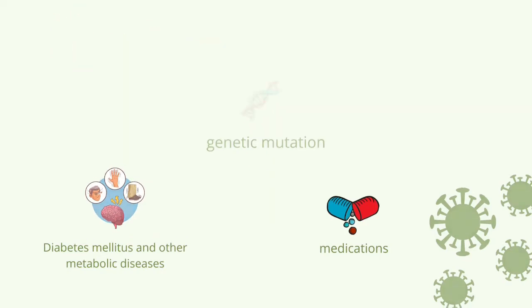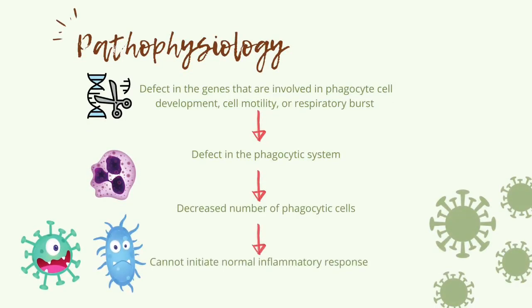medication-induced neutropenia. So the pathophysiology of phagocytic dysfunction starts with a defect in the genes that are involved in phagocyte cell development, cell motility, or respiratory burst. So, when there is a defect in the genes, there will be a defect in the phagocytic system, making it hard to produce effective phagocytes for the body.